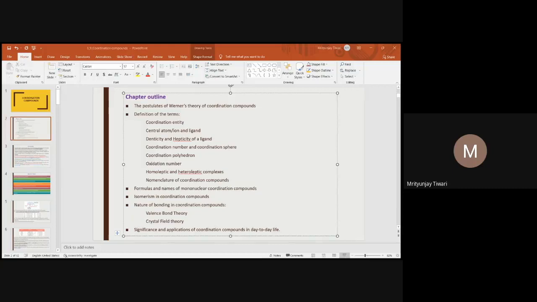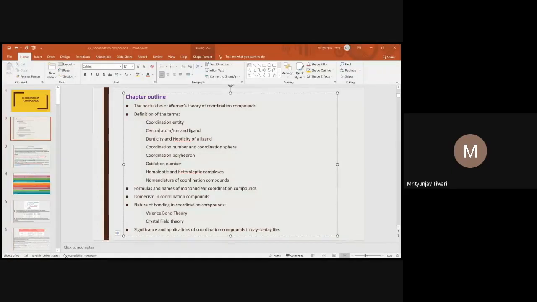However, there is another valency, the bonding between iron and CN- ions, and that is not ionizable. So there is a linkage between iron and cyanide ion. This is what we define as the secondary valency, and the secondary valency is non-ionizable.